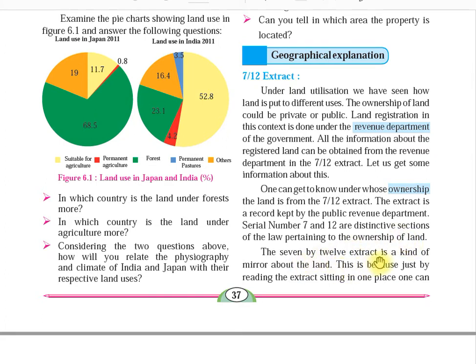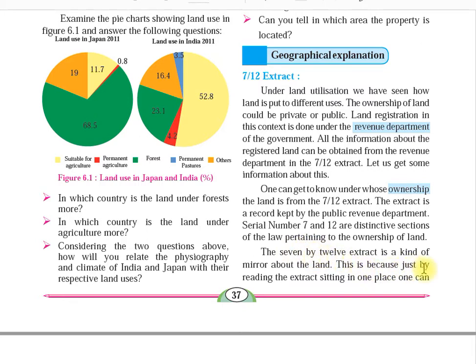The 7 by 12 extract is a kind of mirror about the land. Why is it said to be a mirror about the land? All information: who's the owner of the land, how much land is there. So all information is given.